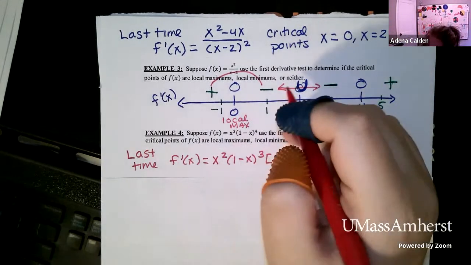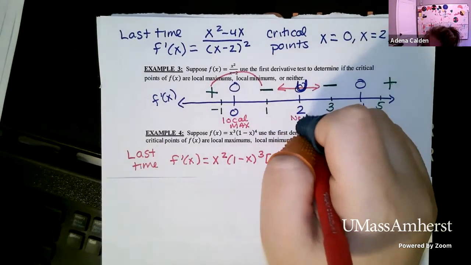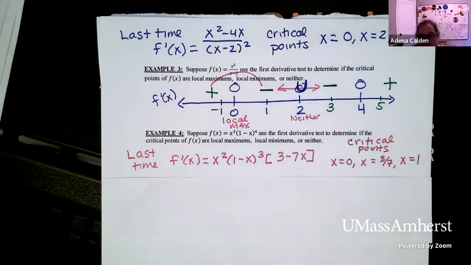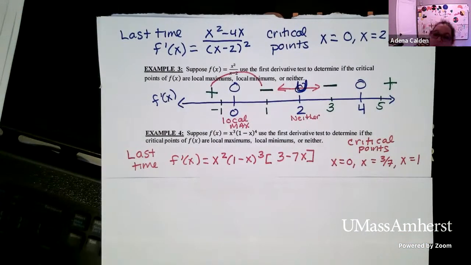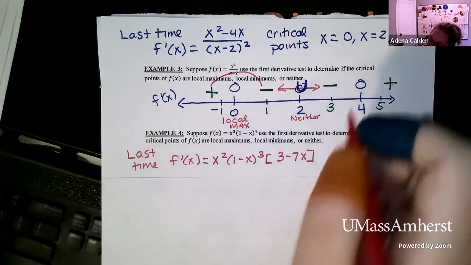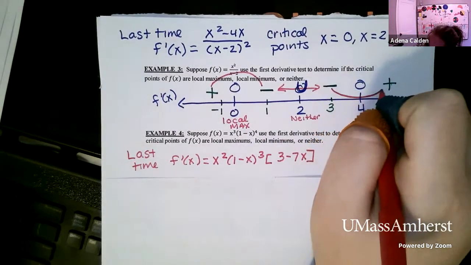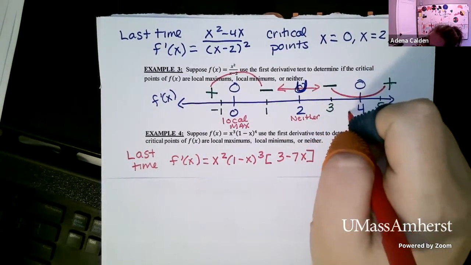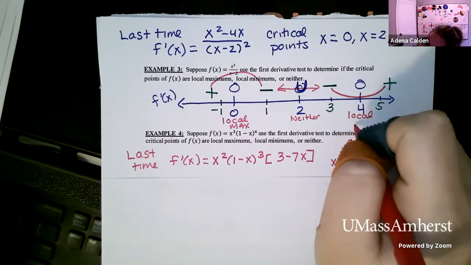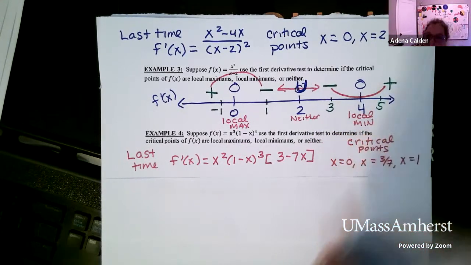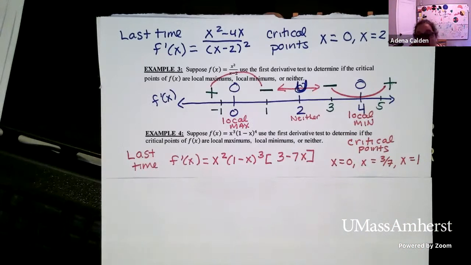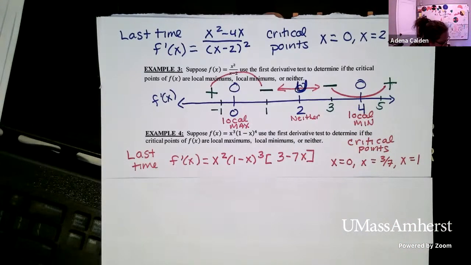If it does not change, that's neither. And if you looked back at our graph, that's where we had that asymptote. Okay, so that agrees with what we were doing before. And then if we go from negative to positive, that makes our critical point a local minimum.